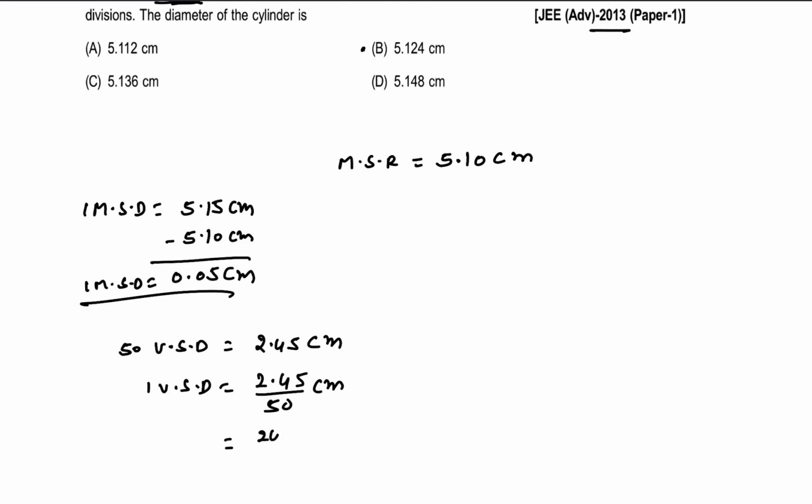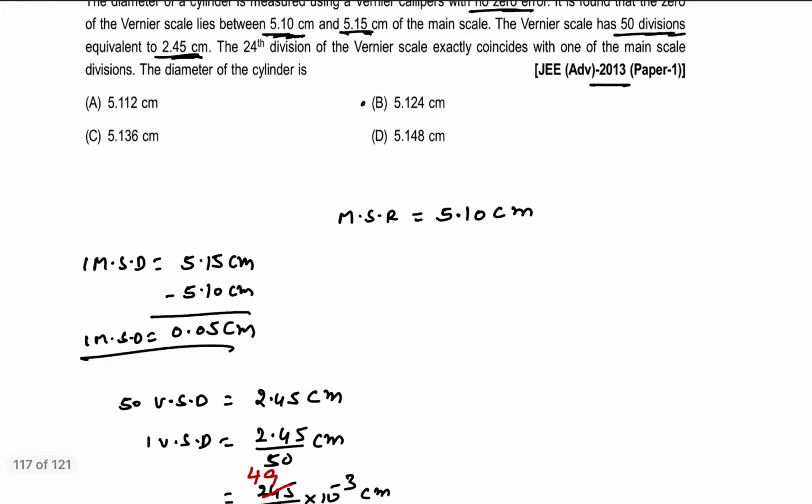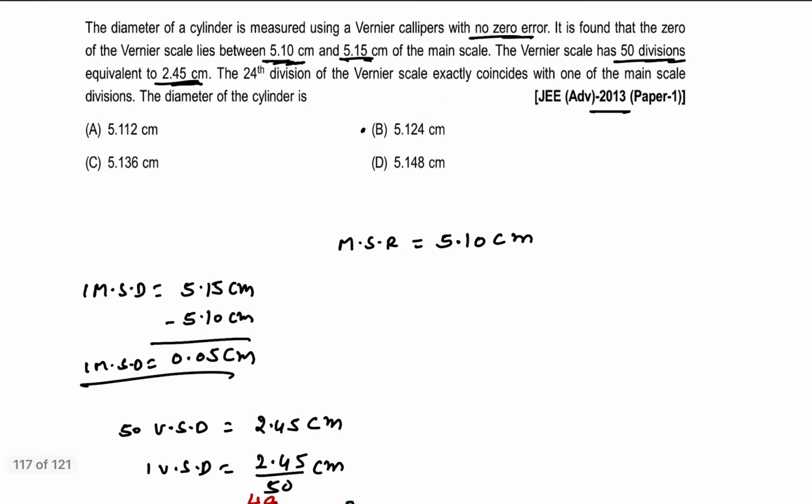If you write the value, it is 245 divided by 5 into 10 to the power of minus 3 centimeters. So finally 1 VSD value is 4 times 20 and 9 times, so you can write it as 49 into 10 to the power of minus 3 centimeters. This is 1 vernier scale division.